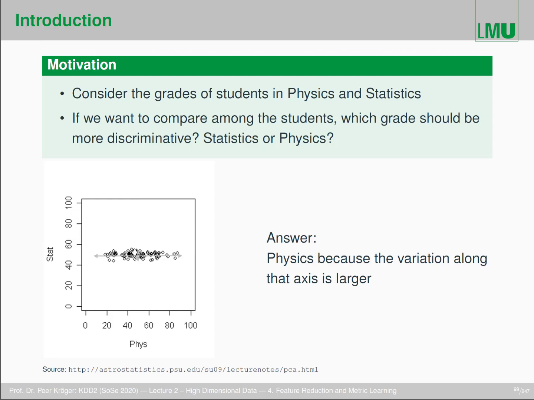Comparing the best grade in stats and the worst grade in statistics is much less significant than comparing the worst and the best grade in physics. There's much more difference because the variation along this feature is larger. Okay, keep that in mind.